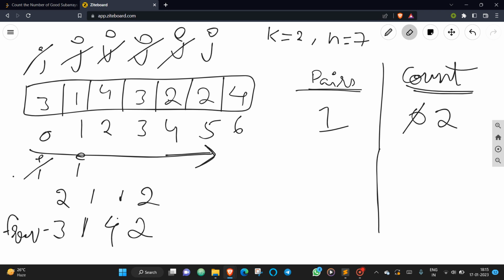Since you decrement your 3's frequency to 1, if you're removing 3, you need to remove one pair, because it is forming one pair with the another 3, right? So your pairs should become 2 to 1, right?